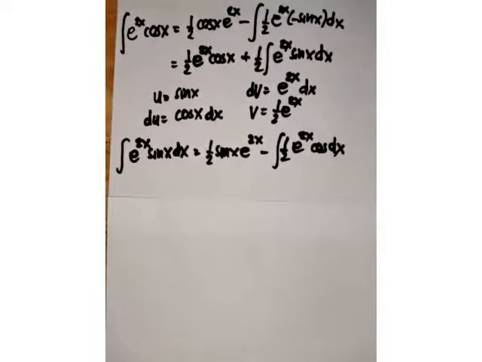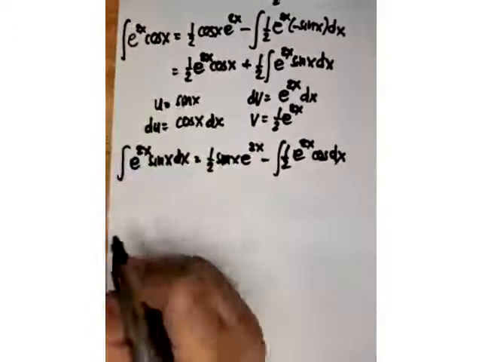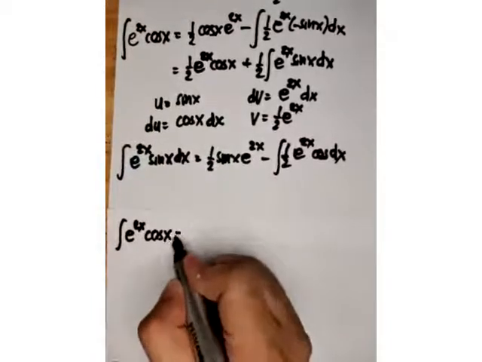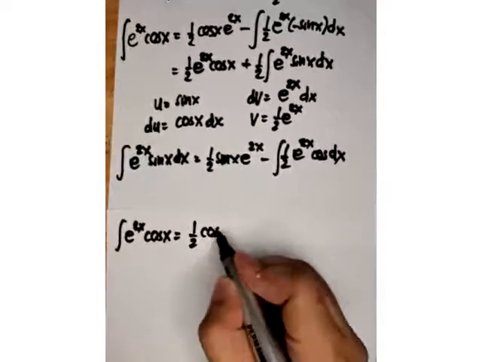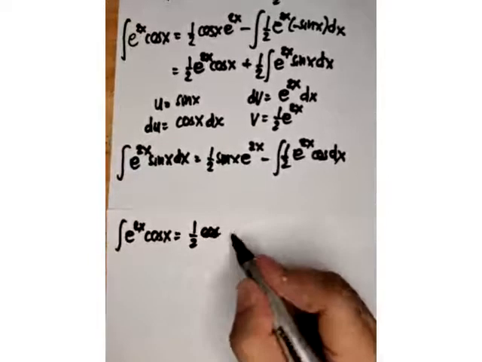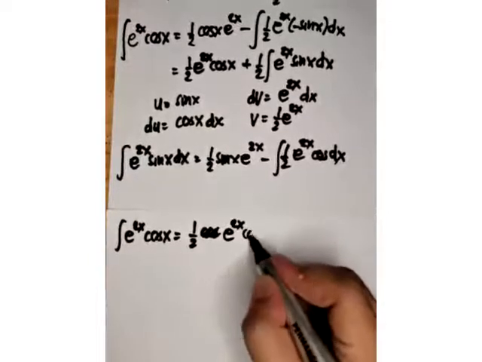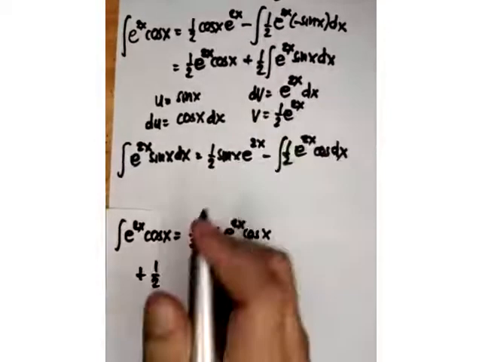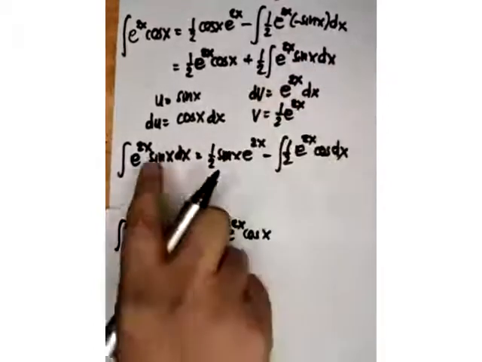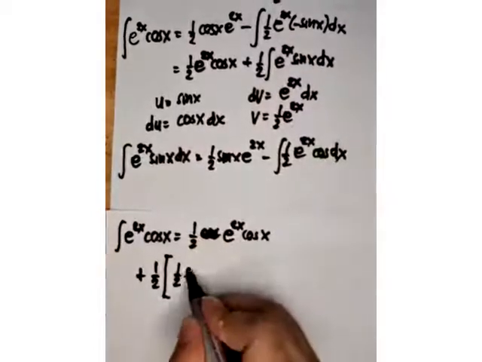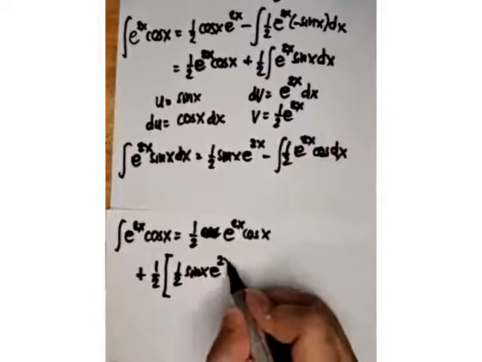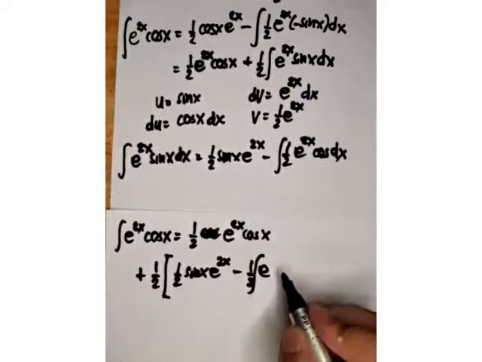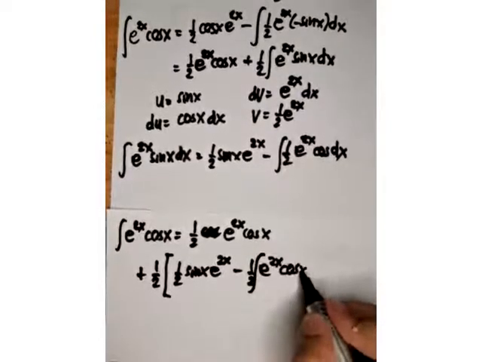Okay? So, isusulat kong buo muna. Mula dito. Ayan. So, the integral of e2x cosine x is equal to 1/2, mali, e raised to 2x cosine x plus 1/2 times quantity, ito yung value niya, 1/2 sine x e raised to 2x minus 1/2 the integral of e raised to 2x cosine x dx.